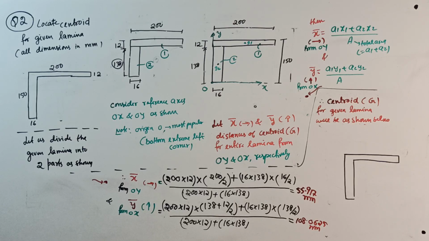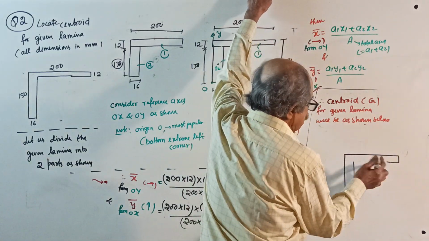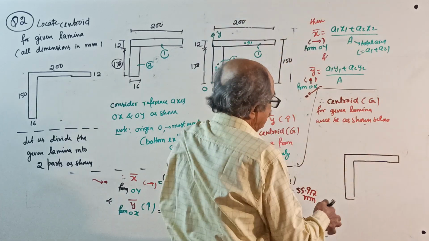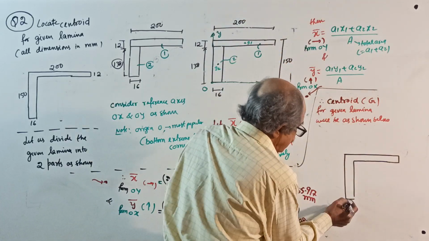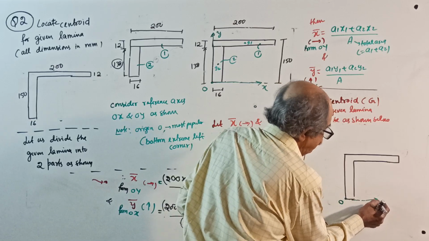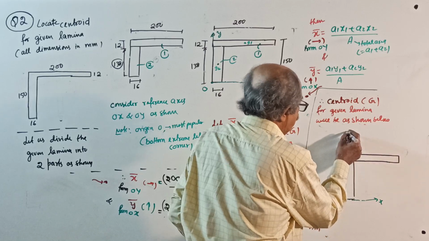Now, don't bother about someone commenting that the line is not a straight line. Those are for people who want to comment. Okay, see. Now this is your origin. This way is x. This way is y.